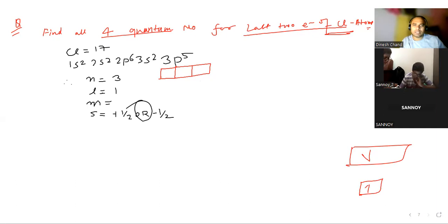Okay. Now let us see the total electrons. Up to here, how many are there? 12 electrons. So this is the 13th, this is the 14th, this is the 15th, here is the 16th, and this is the 17th. So this electron is the 16th, and this is the 17th electron.